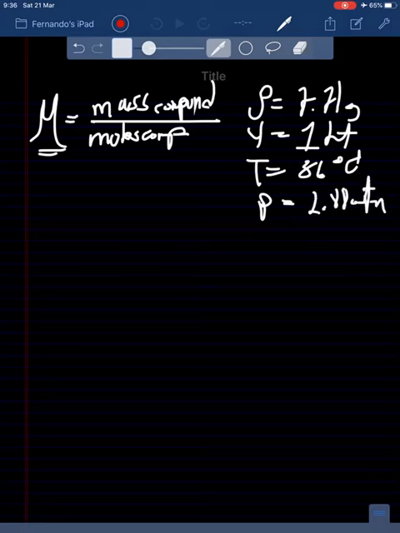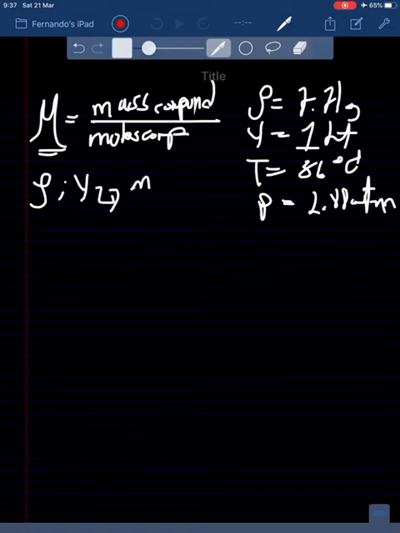When you're working with thermodynamics, it's always important to have all your information at hand, right? And you will see in a moment why. So if this is true, and I know the density and the volume, then this information can be transformed into mass. Let's see if it is true. So if I have 7.71 what?